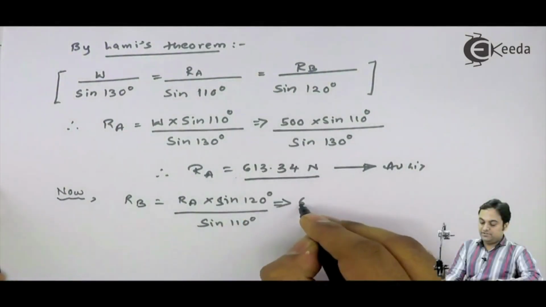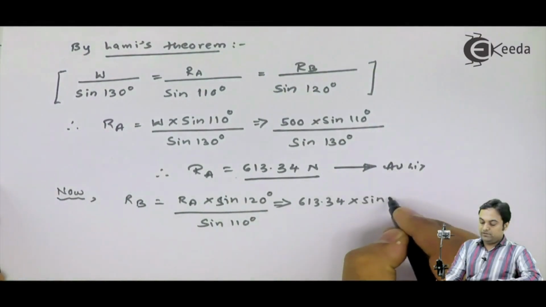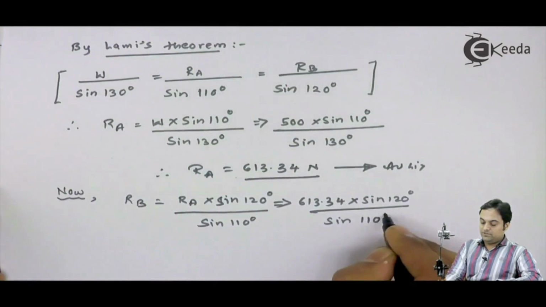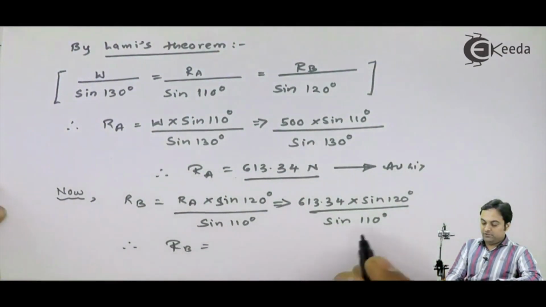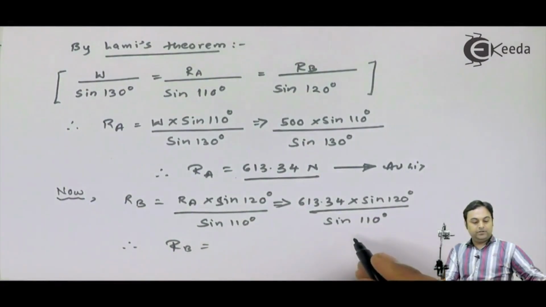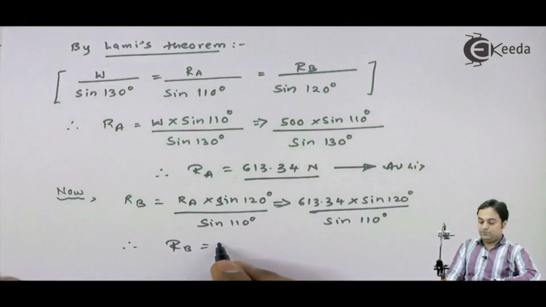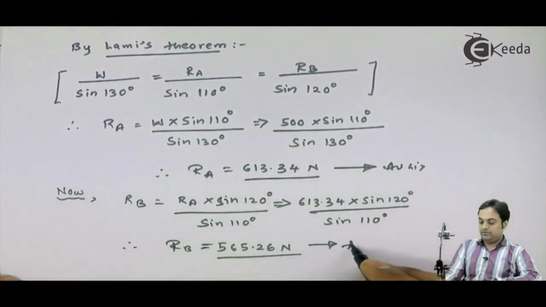RA value is 613.34 into sine 120 degree divided by sine 110 degree. So if I calculate all terms carefully, numerator divided by denominator, I will be getting my answer of RB as 565.26 Newton. This is my second answer.